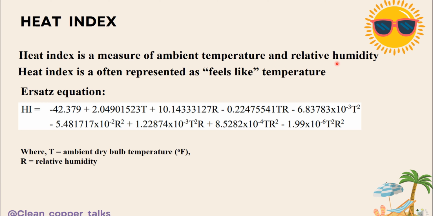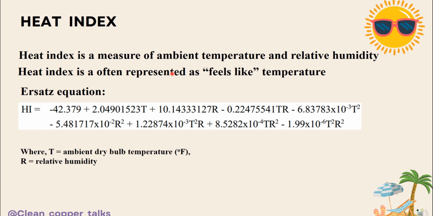And relative humidity is the ratio of the amount of moisture present in air at a particular temperature to the maximum amount which can be present in atmospheric air at that temperature. So relative humidity does not have any unit, and hence heat index is represented in degree Celsius or degree Fahrenheit, which is the unit of temperature.